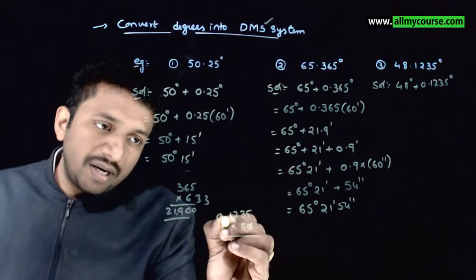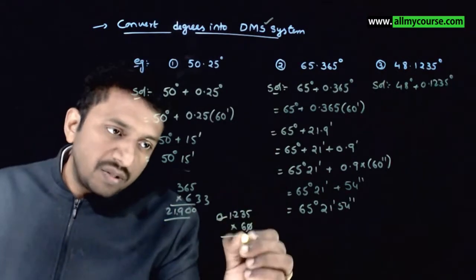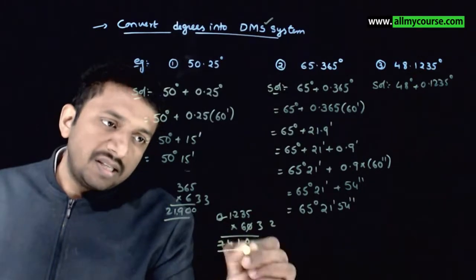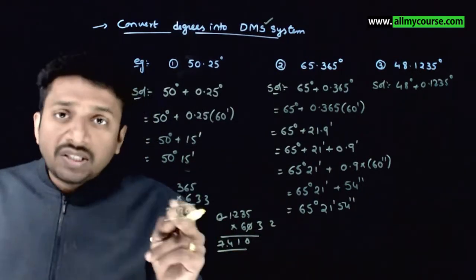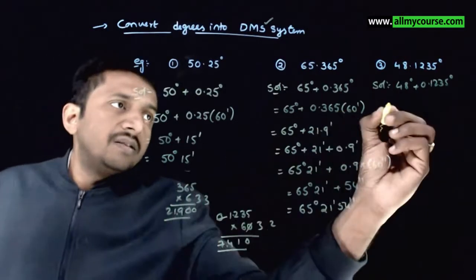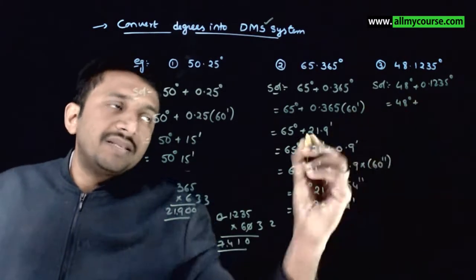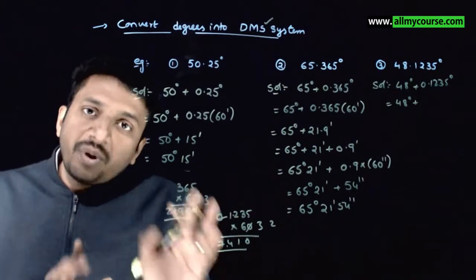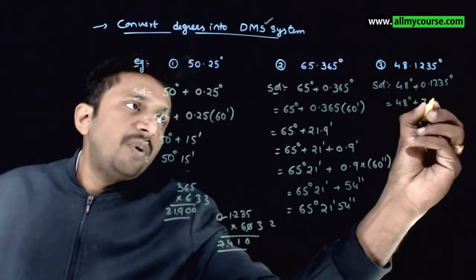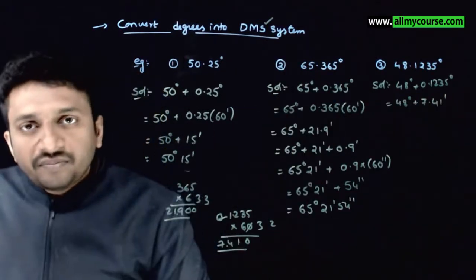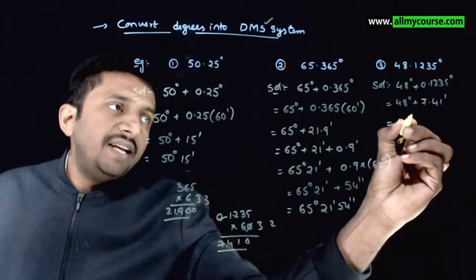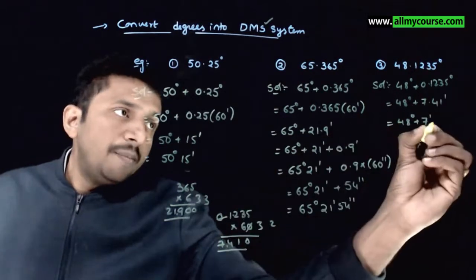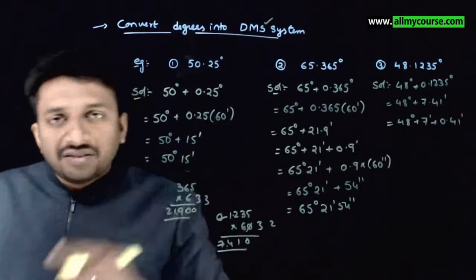So you get 7.41. That is equal to 48 degrees plus 0.1235 into 60, which gives you 7.41 minutes. That is nothing but 48 degrees plus 7 minutes plus 0.41 minutes.